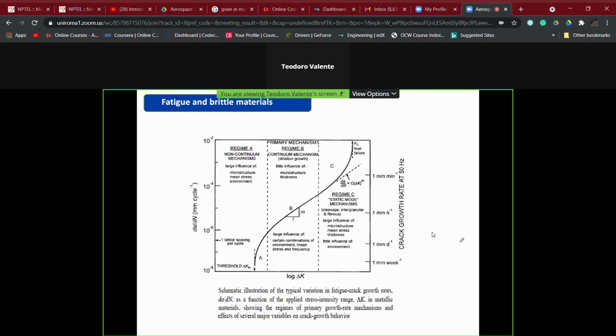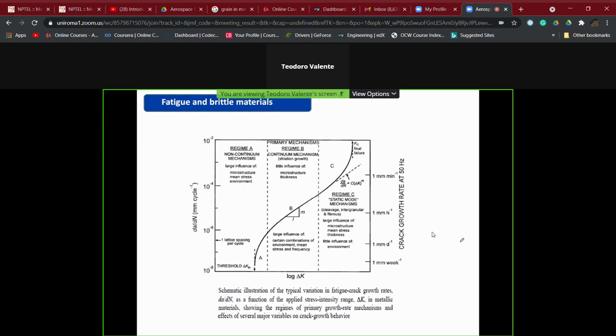No difference, when we talk about brittle materials, in the way to represent the results which relate the crack growth rate to the stress intensity factor. We can have it, but the shape, as we will see, will be a little bit different.